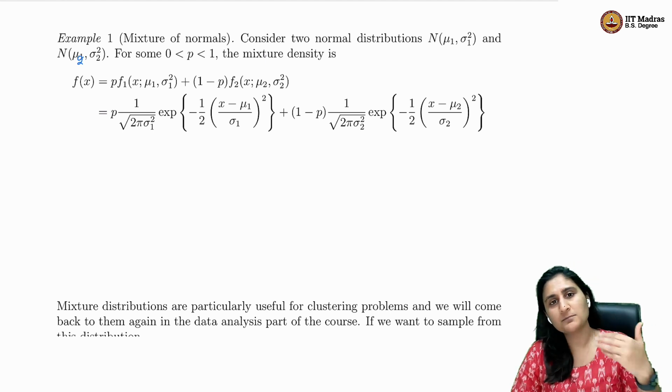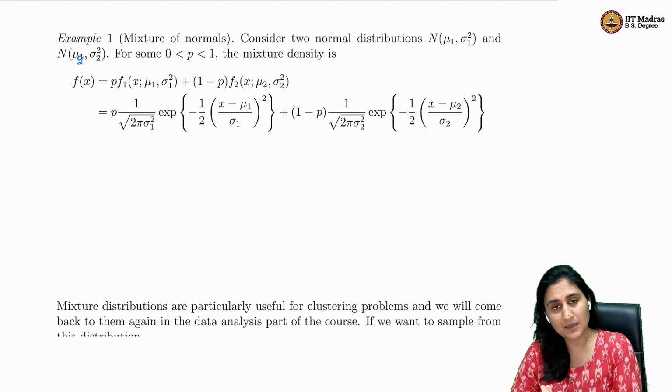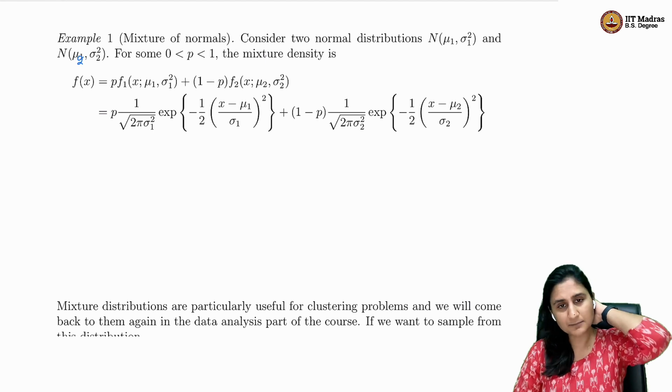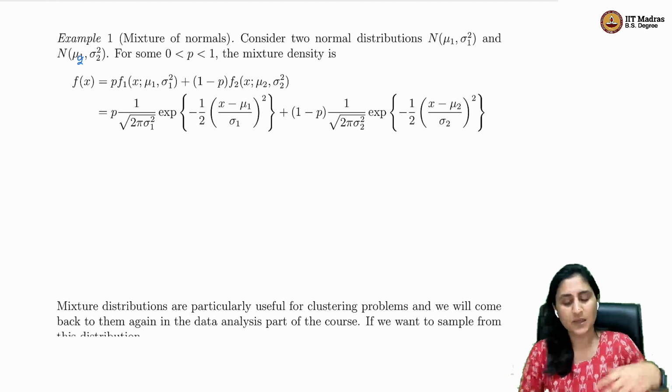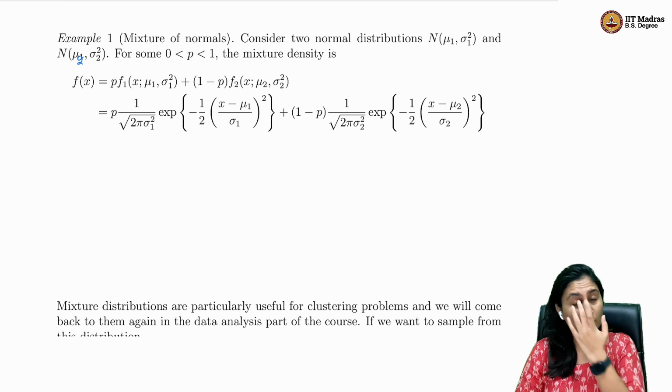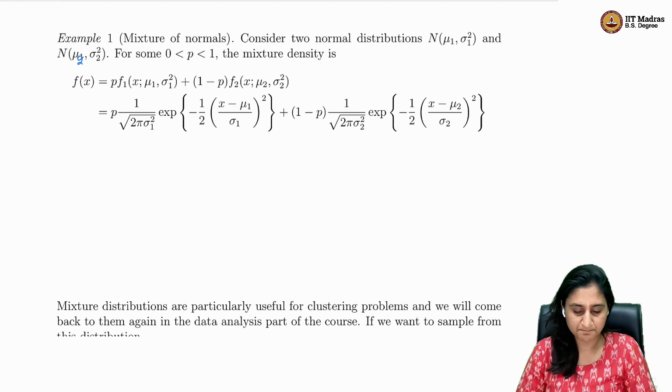We had chosen pi_1, pi_2 up to pi_K before because there can be multiple components. But now, because we're only doing a two component mixture, we're just calling it p. Now the mixture density is f(x) equals p times f_1(x; mu_1, sigma_1 squared) plus 1 minus p times f_2(x; mu_2, sigma_2 squared).